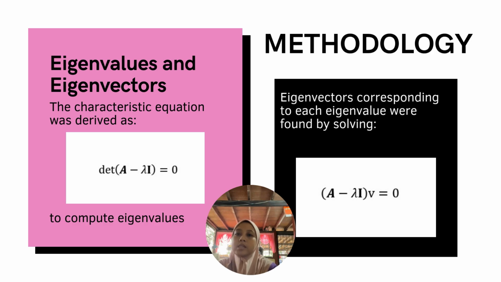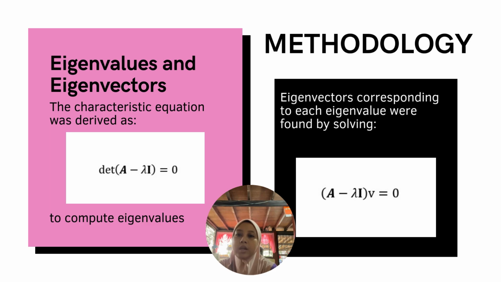To analyze the stability, we calculate the eigenvalues of the coefficient matrix by solving the characteristic equation determinant of A minus lambda I equals 0, which means finding the determinant of the matrix A minus lambda times the identity matrix. Here, lambda represents the eigenvalue.